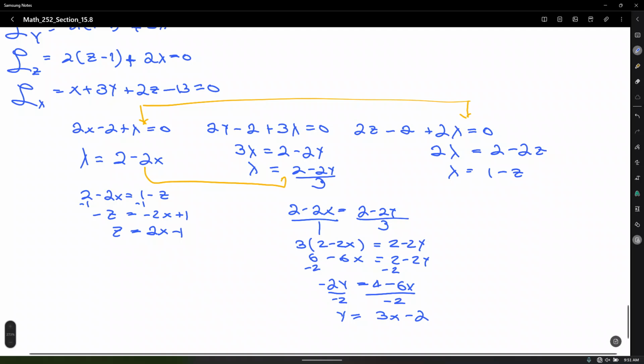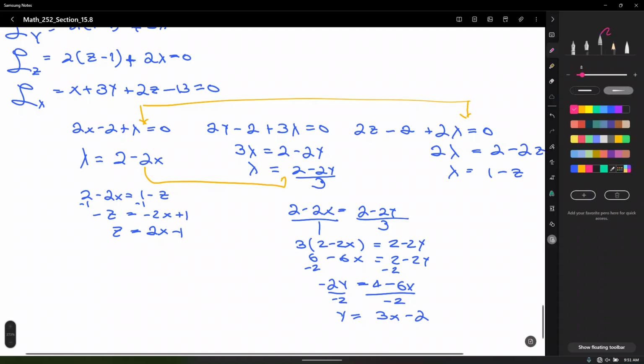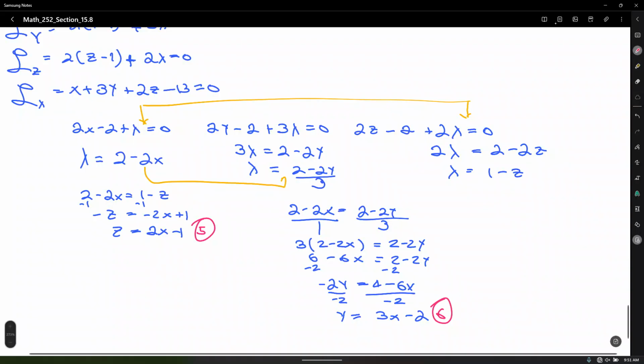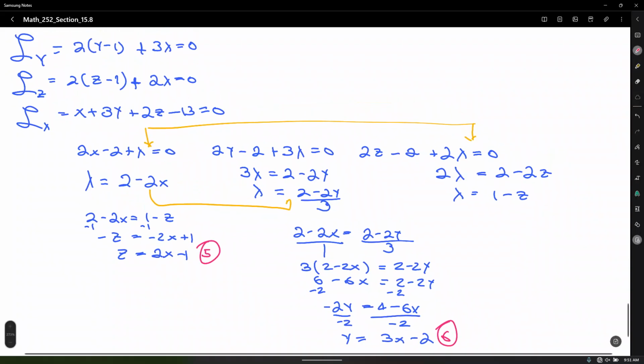And we have everything we need. That is technically our equations 5 and 6, which we may combine into equation 4 right here. So we're going to replace the z in terms of x and the y in terms of x as well. That would allow us to get the first part of the critical point, the x-coordinate.